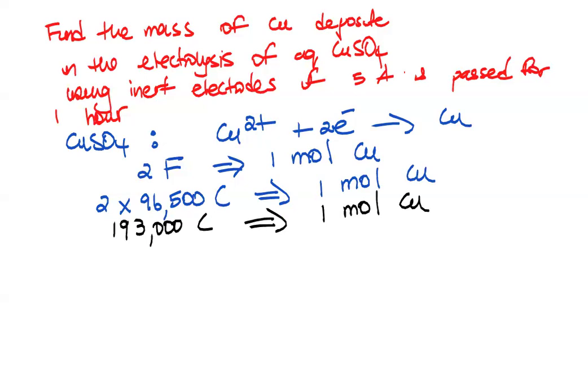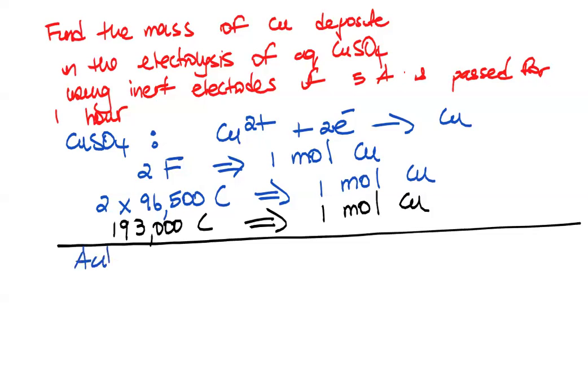Right. Let me see how much we actually use now. Did we use a whole 193,000? Probably not. That was the actual charge. Actually, Q = It is the charge we used, which is how much? 5 amps for 1 hour. 1 hour is equal to how many seconds? 3600 seconds.